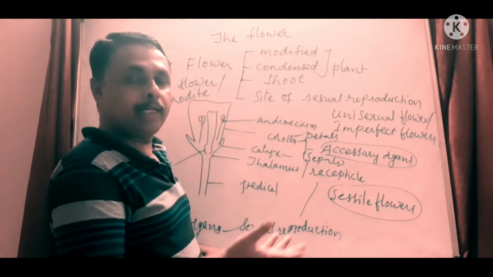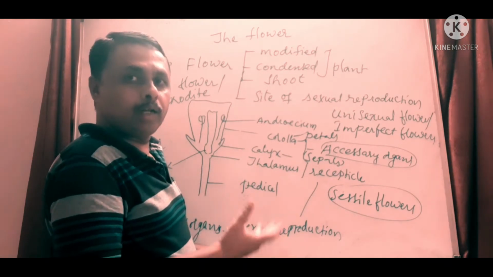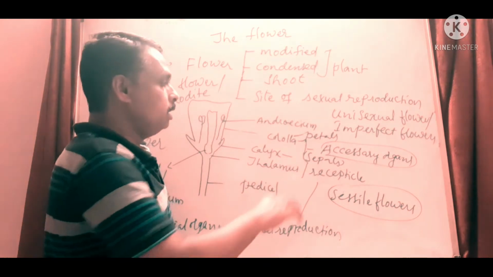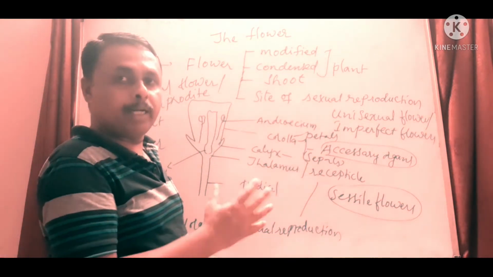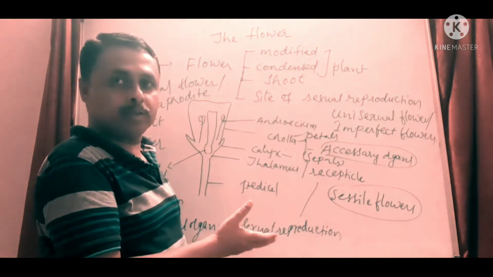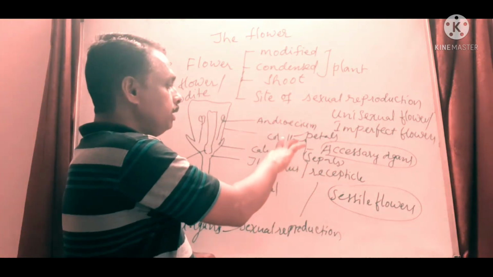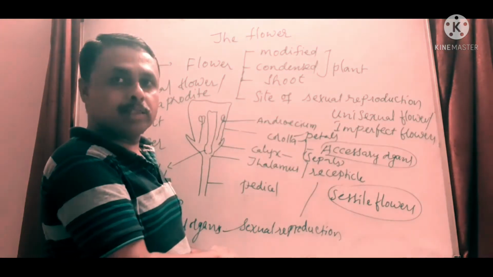So these are not directly involved in sexual reproduction, but indirectly help it. That's why these are called accessory organs of the flower.